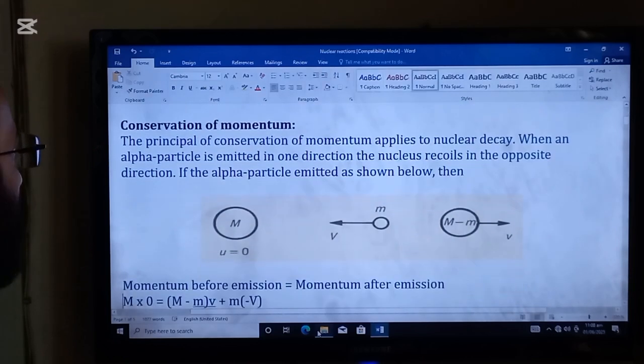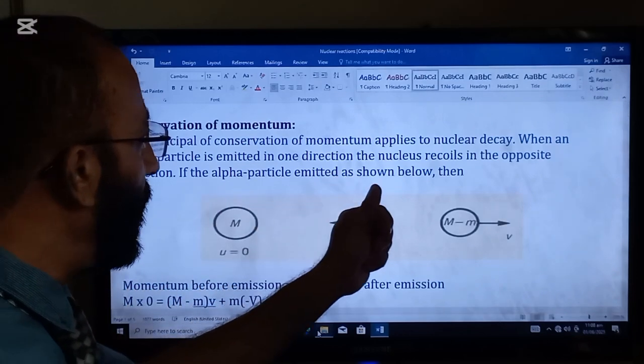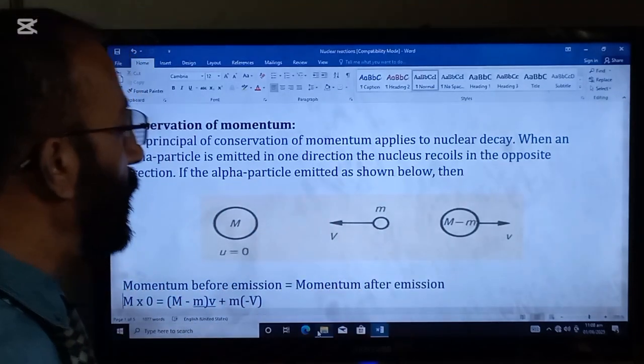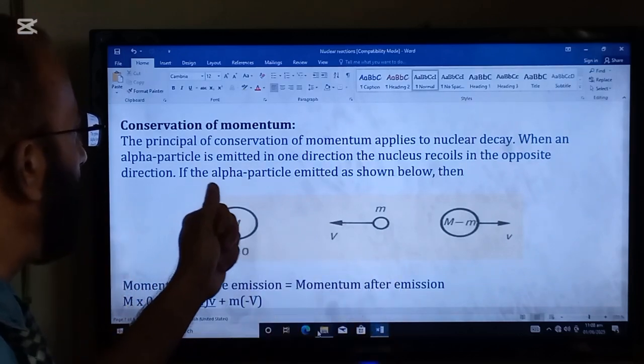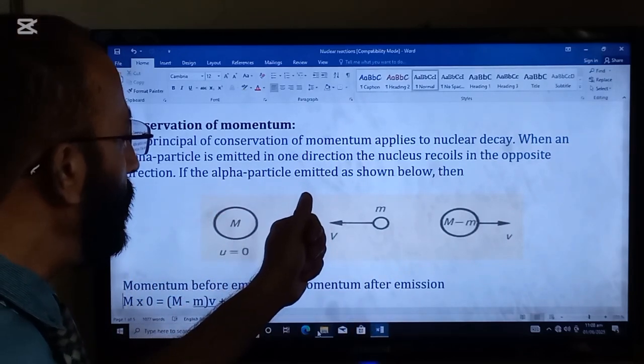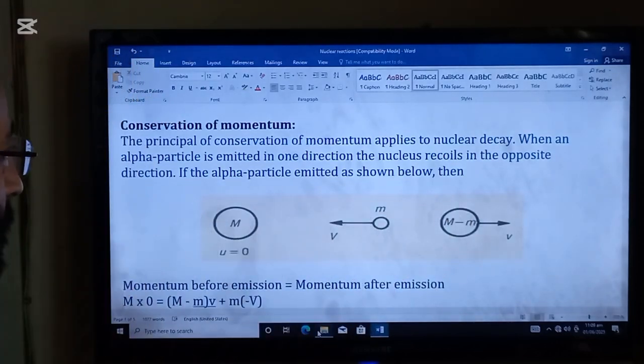Next is conservation of the momentum. The principle of the conservation of the momentum applies to nuclear decay. When an alpha particle is emitted in one direction, the nucleus recoils in the opposite direction.